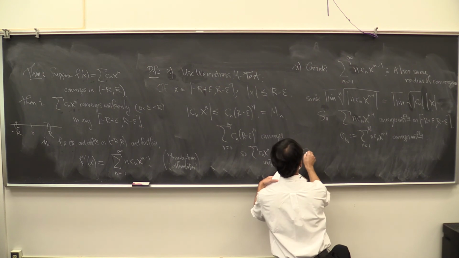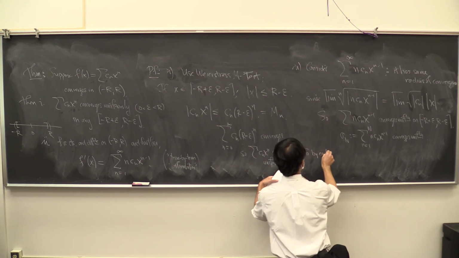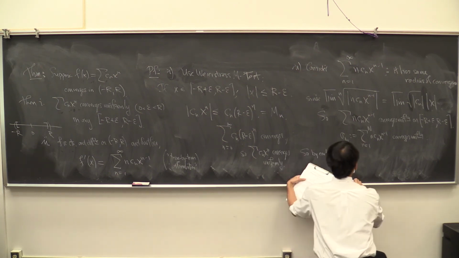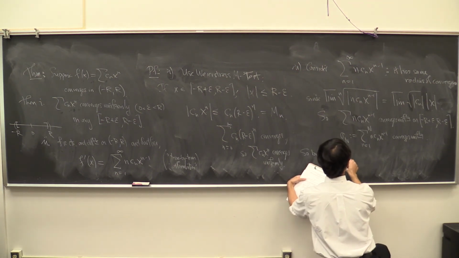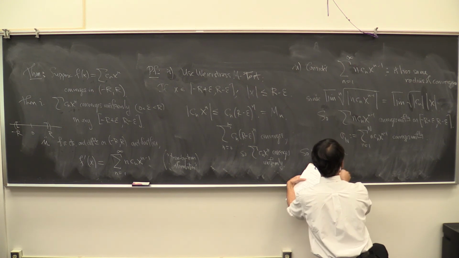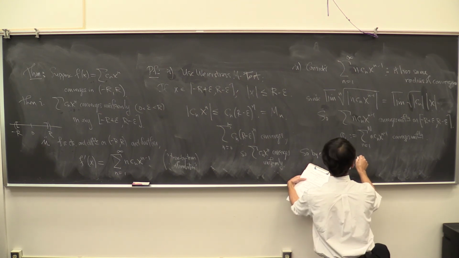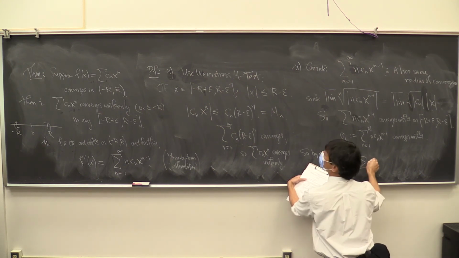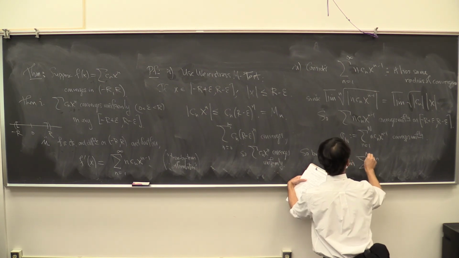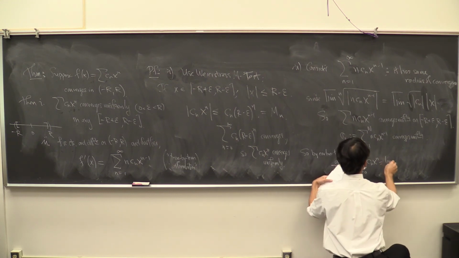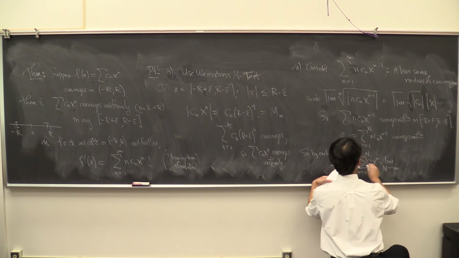So by an earlier theorem, we can change the order: the derivative of the limit equals the limit of the derivatives.